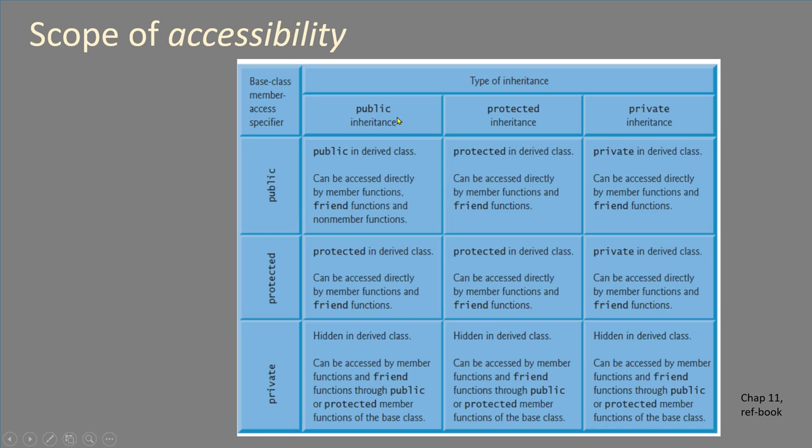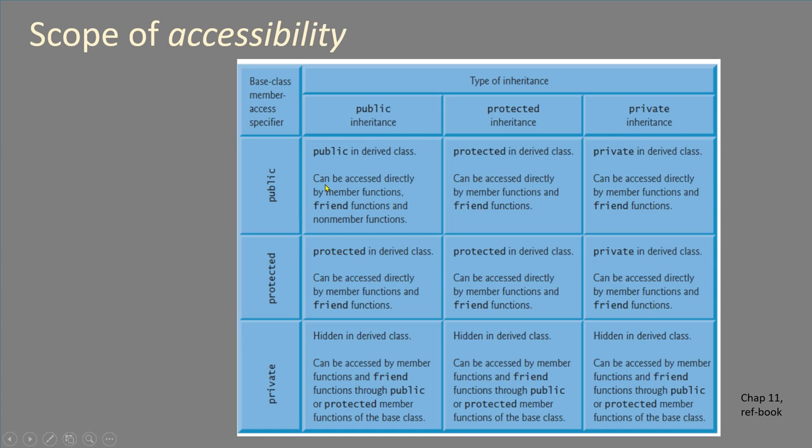For example, if you have publicly derived a child class, what is the accessibility for the public members? For public inheritance, all the members that have been declared in the public portion of the base class are public in the derived class. That means they can be used inside the derived class and also outside using object reference of this class.